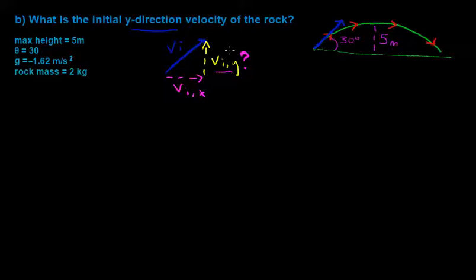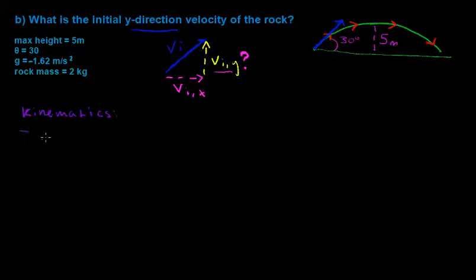Well, just like last time in part A, we need to consider some equations that we can use to calculate our needed value. And there's actually a whole set of equations that we commonly dub the kinematic equations. So if we just list them off here, we can consider which one we want to use to help solve for this initial y direction velocity.